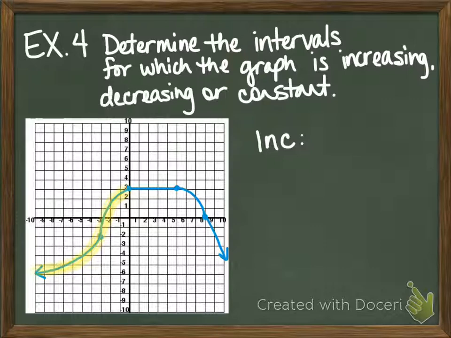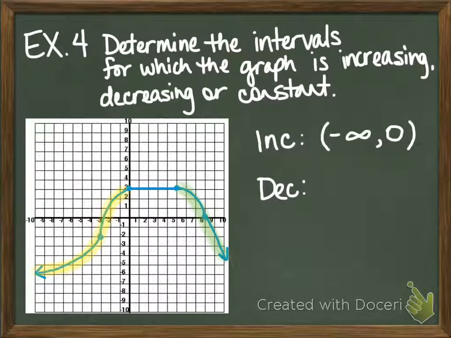So I'm going to start with my interval notation, and I notice there's an arrow that goes left, so that tells me it keeps going to the left, negative infinity. Okay, and then the x value where it stops increasing is 0. So I'm going to write from negative infinity to 0, it's increasing. Then I'm going to look at the decreasing part of the graph. That's any place on the graph that it's going down.